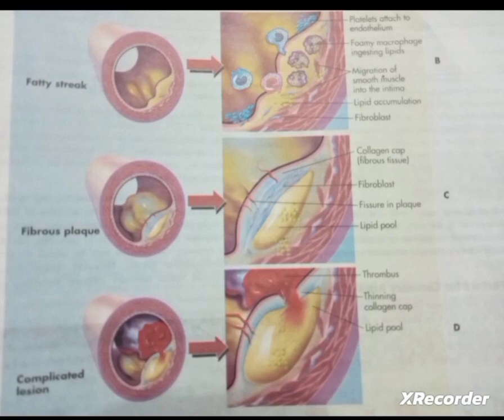This process starts at the age of 30, and it also increases with age. Normally, we knew that the layers of the artery can replace themselves. Any problem that occurs in the arterial wall will be repaired by itself.